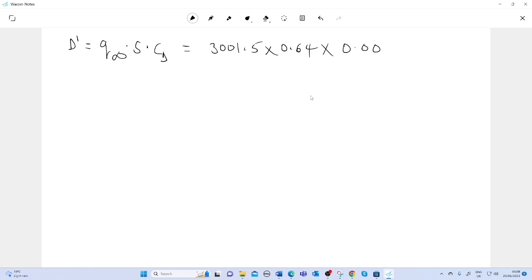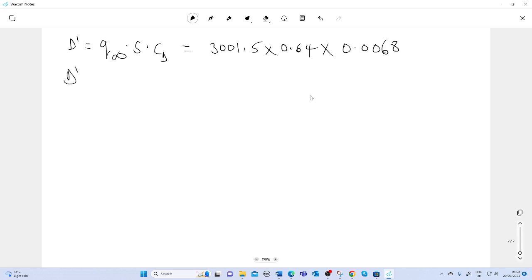So therefore, to calculate the drag from these parameters, we can deduce the drag equation: dynamic pressure multiplied by the size of the airfoil times the coefficient of drag. That gives us our calculated dynamic pressure, 3001.5, times 0.64, times 0.0068.